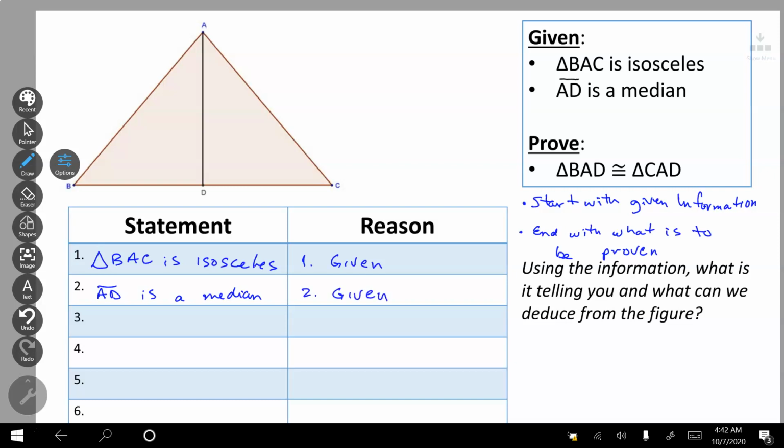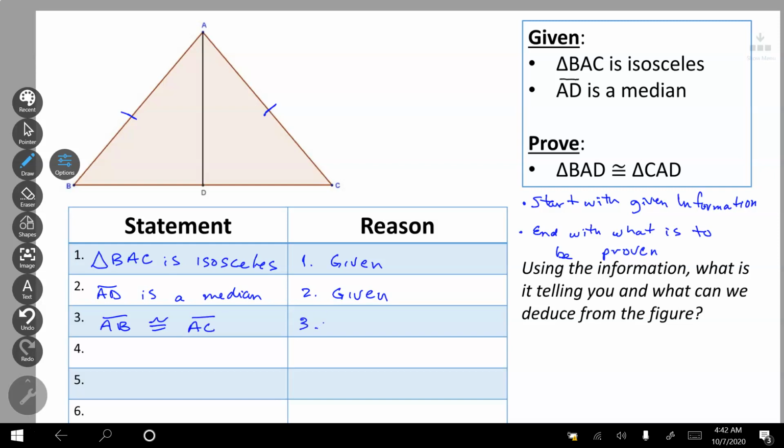Again, given. Now, because triangle BAC is isosceles, I know that this side is congruent to this side, or side AB is congruent to side AC.